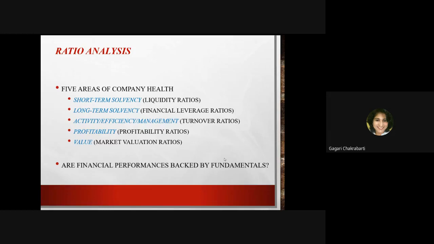One strand says that these 2 sectors are not at all related to each other. The real sector is different and the financial sector is different, completely dissociated from one another. This was, of course, a very traditional or very old view.